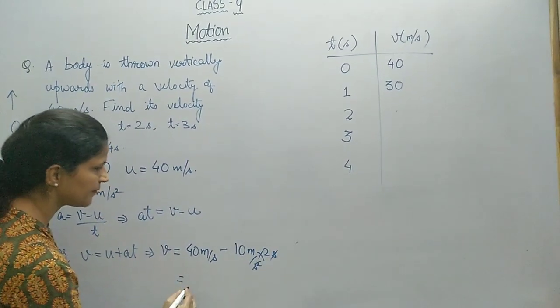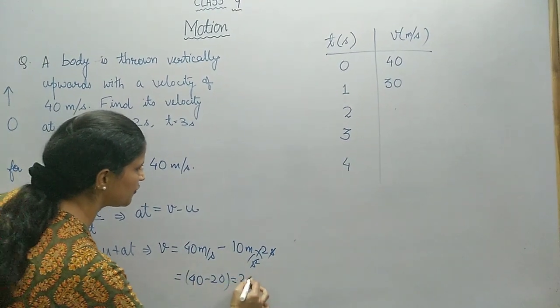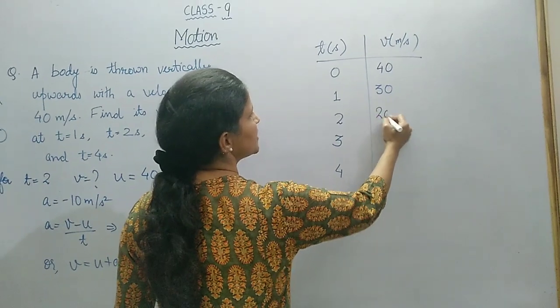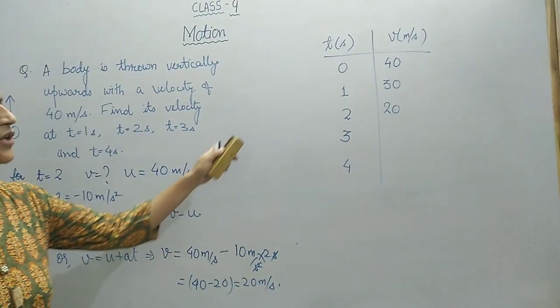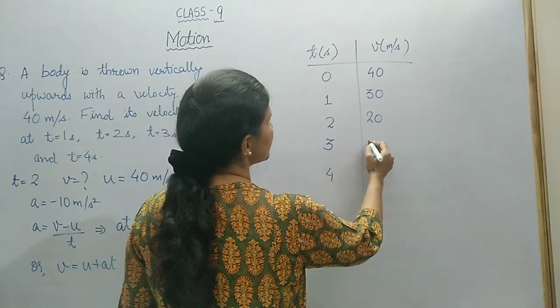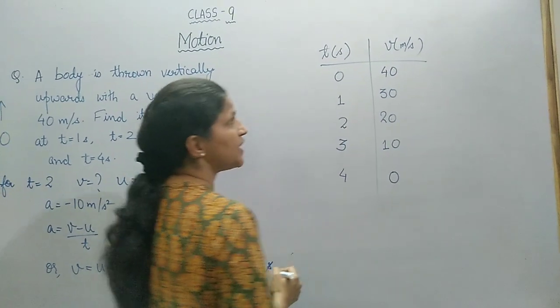This gives us 40 minus 20, which is equal to 20 meter per second. So after 2 seconds, the velocity becomes 20, and if you keep on solving it for different times, you get at 3 seconds the velocity will be 10, and at 4 seconds the velocity will become 0.